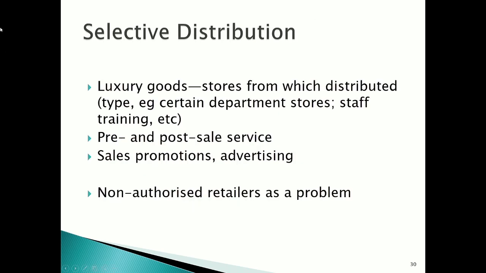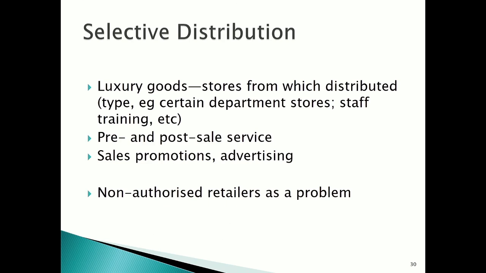Selective distribution is slightly different. Selective distribution is typically used in cases where the goods are luxury items or are somehow complex. In other words, they need active pre- and post-sale service, explaining how the goods work and perhaps troubleshooting after they're purchased.